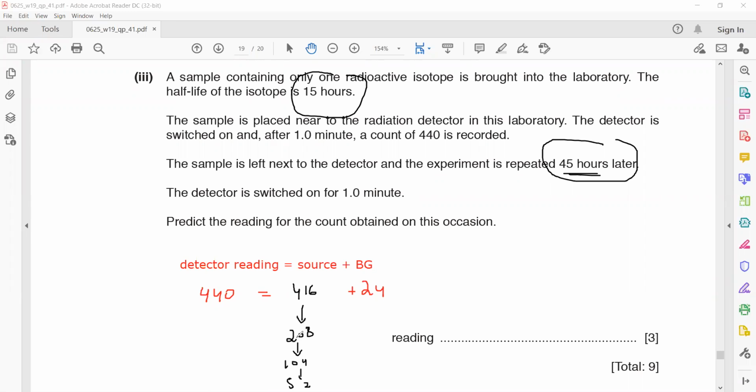Because after 15 hours 208, after another 15 hours 104, after another 15 hours 52. But the detector is not only recording source, it is recording source plus background. So after 45 hours the source radiation is 52 and the background radiation is 24. So the detector reading will be 76. Is it clear?